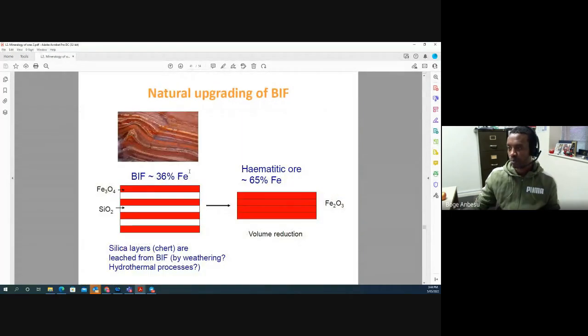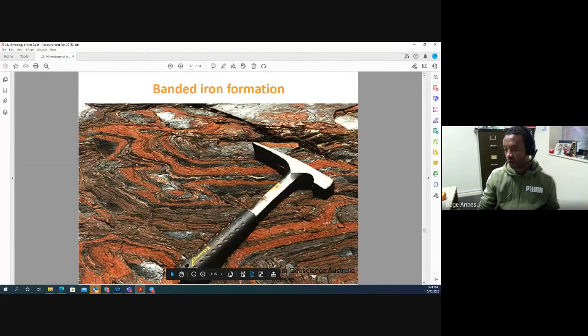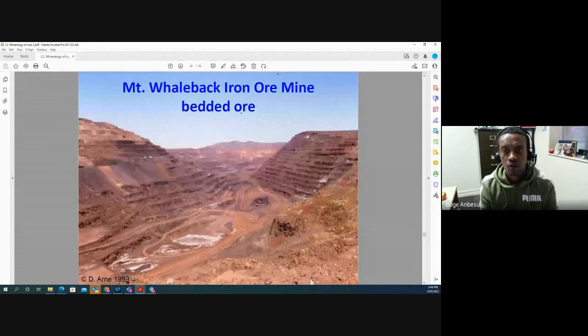So this is obviously before metamorphosis or before weathering, but after weathering, this has all been transformed and converted into hematite. And this is one of the bigger mines around the Pilbara. It's called the Whaleback Iron Ore Mine, and it shows you the bedded iron formations. It's a very high tonnage.